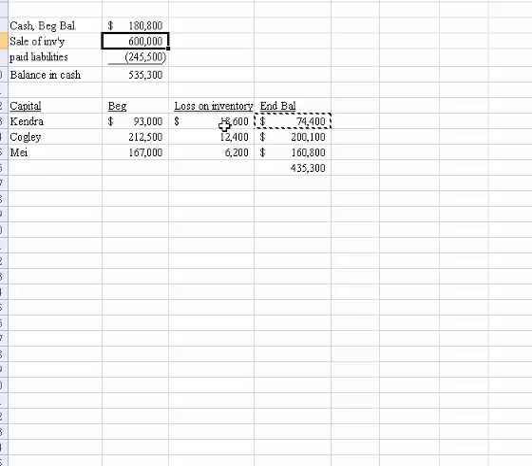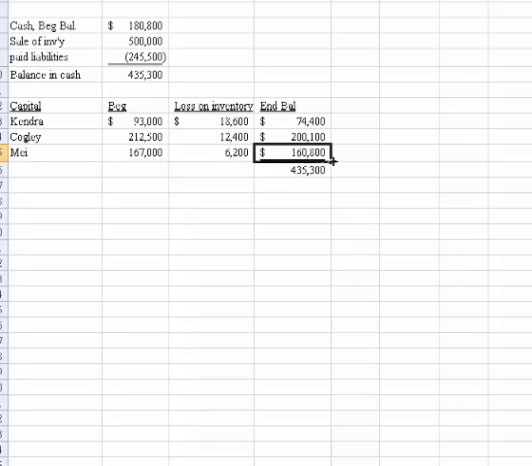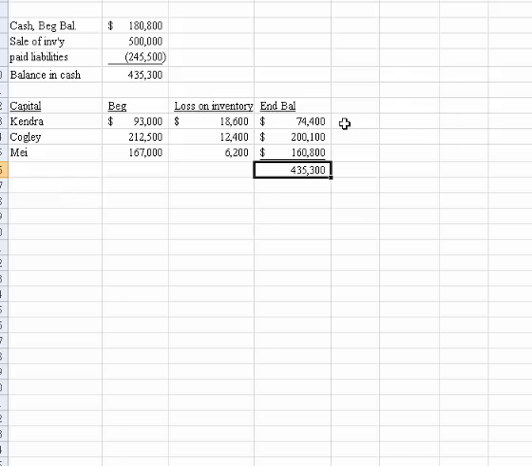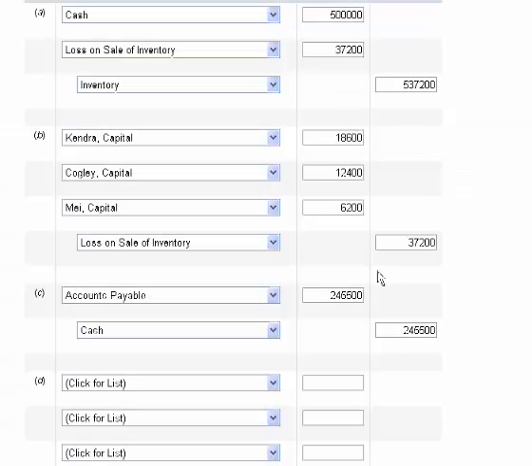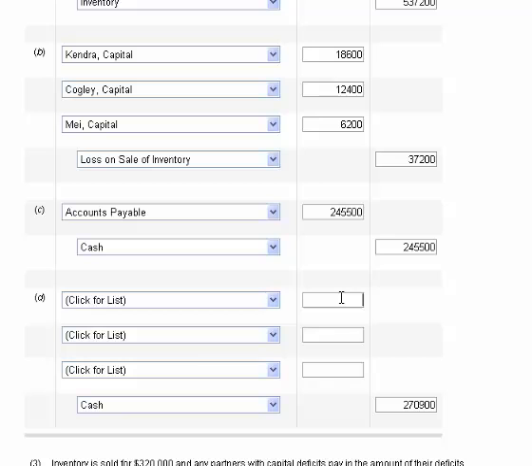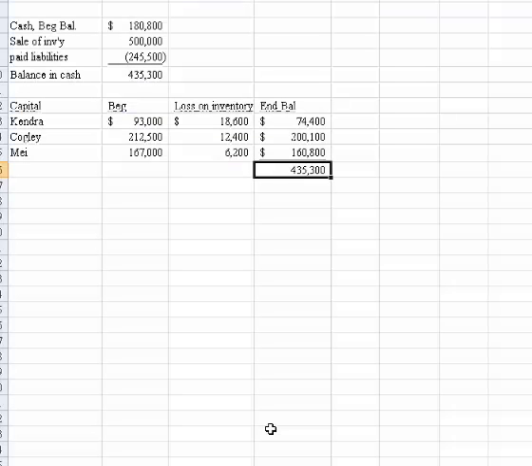Oh, in this case we sold the inventory for 500,000, I believe. Right, so we still wind up with 435,300, and we have to record it in those ratios. So if we pop back over here, we've got 74,400 to record, we've got 200,100 to record, and 160,800 to make up the 435,300 of the remaining cash.